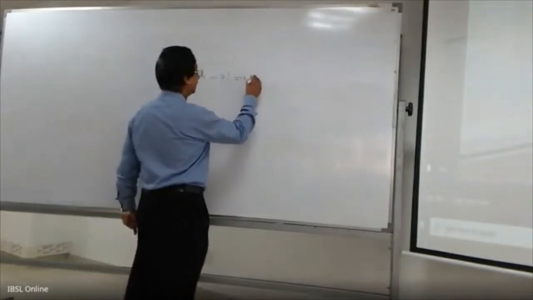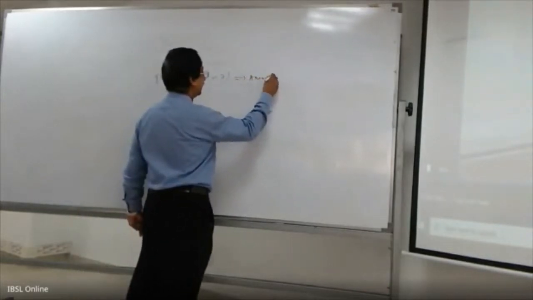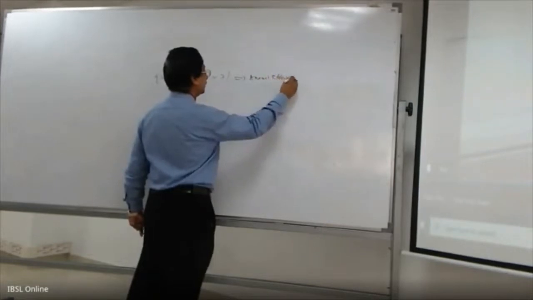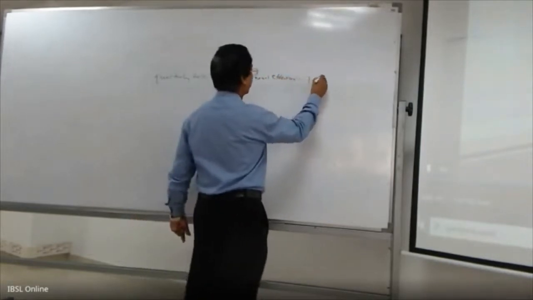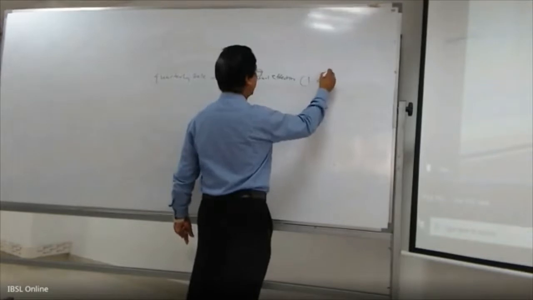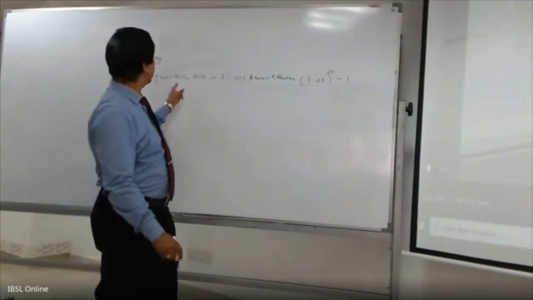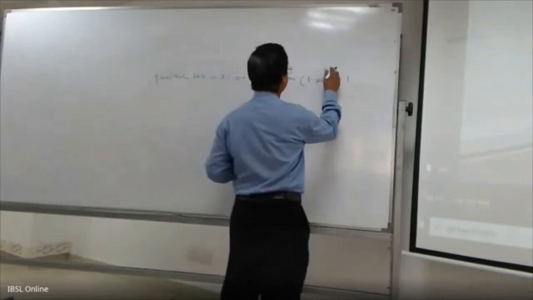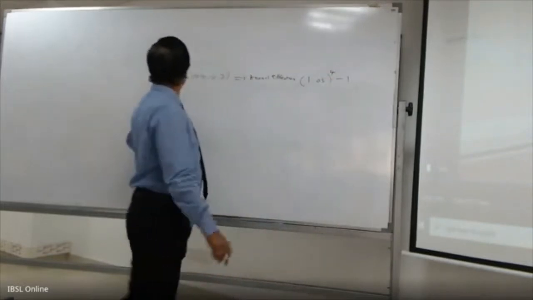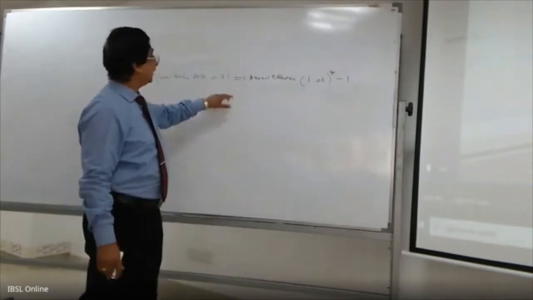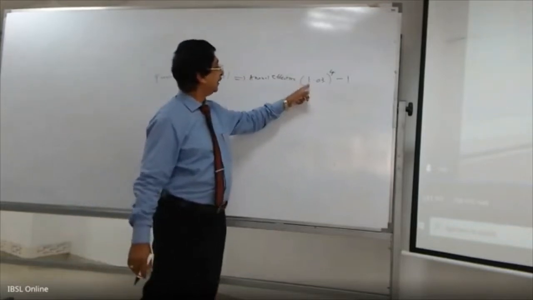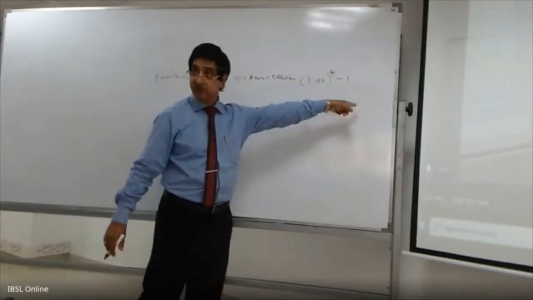Annual effective: 1 plus 0.03 to the power 4 minus 1, since it is a quarter. Quarter rate 3%. Annual effective is 1.03 to the power 4 minus 1.